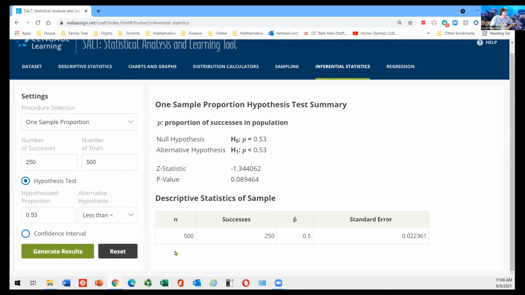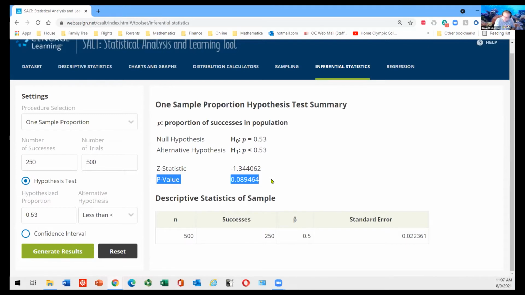Do you see null hypothesis, alternate hypothesis, which they're calling H1, but that's fine? Isn't that exactly what it should be? Do you also see the p-value that I was talking about? Now, in this case, if I round it off, the p-value is 0.09.